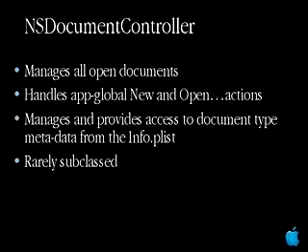Now, the next object is basically a singleton. There's one NSDocumentController in your application. It knows about all the open documents, and it also handles behaviors which are not associated with a particular document, like new and open. This is also where you would go if you needed to query the metadata about your document types that's in your info plist.